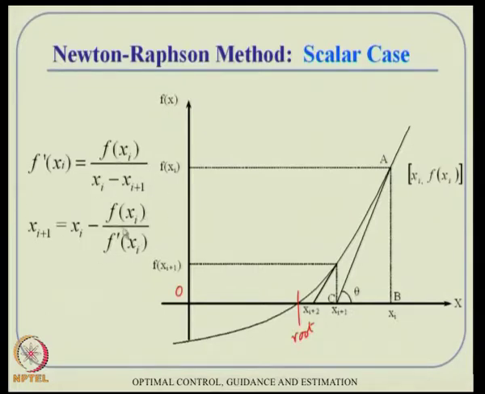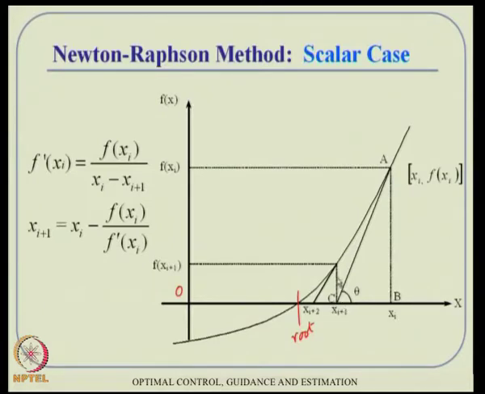And if you just carefully look at it, if you start with this straight line equation and try to find out the interpretation, the meaning of that, all that it tells me is that I have a guess value, I go to that particular point where it intersects this particular function, then evaluate the slope, and with that extension of the slope, I will cut this x axis somewhere, and that is going to be my next iteration value.